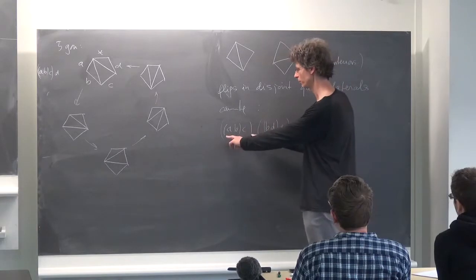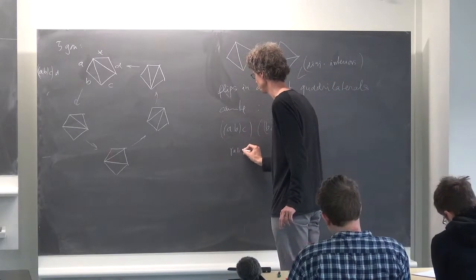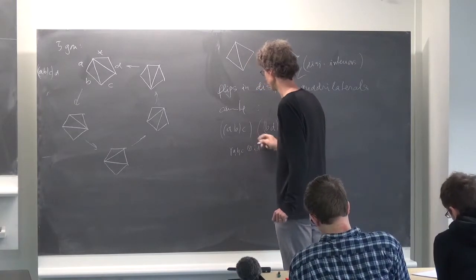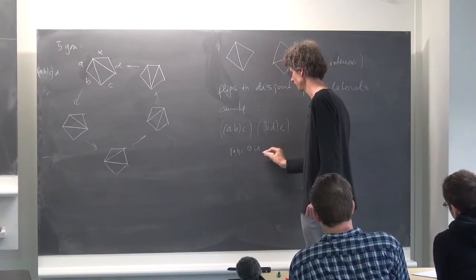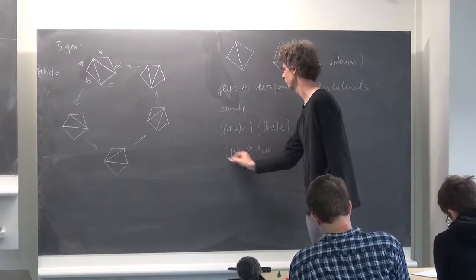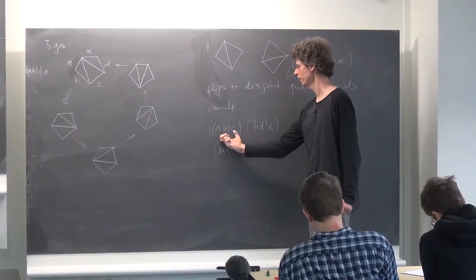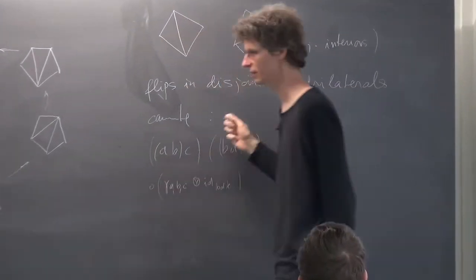So what's really happening here is that if we take gamma A, B, C tensored with identity on this other part, B, D, E, something. So if we first do it here, and then we do it here, now it's the stupid rule of composing from the other side.